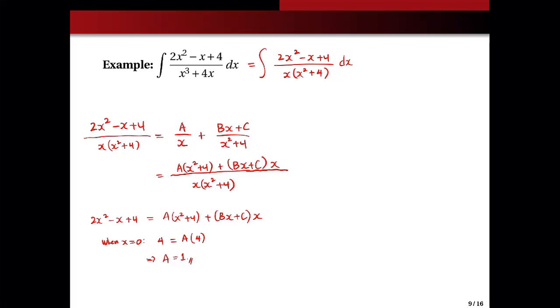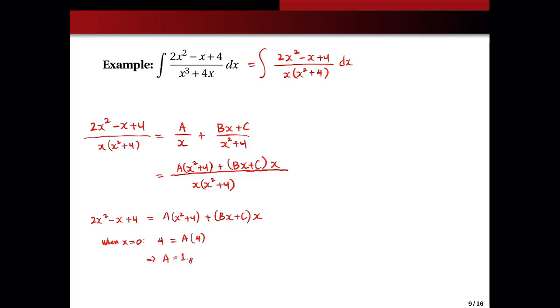So what we're going to do is replace the a with 1, and therefore we will get x squared plus 4 on this side. Then we'll just bring it to the other side, so that we'll be left with the expressions with b and c on the right-hand side.